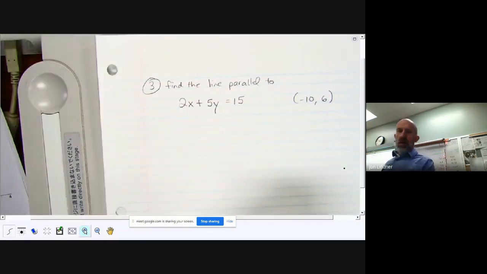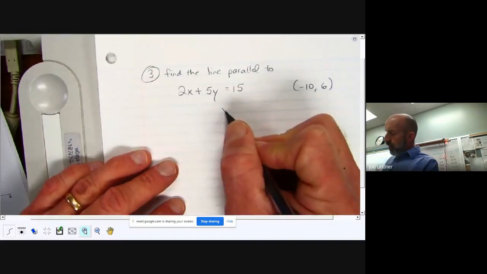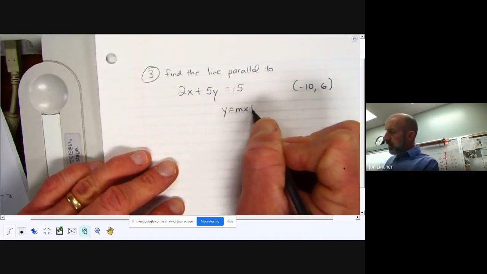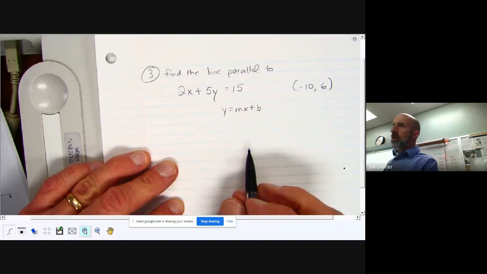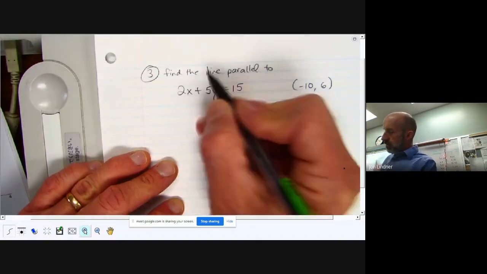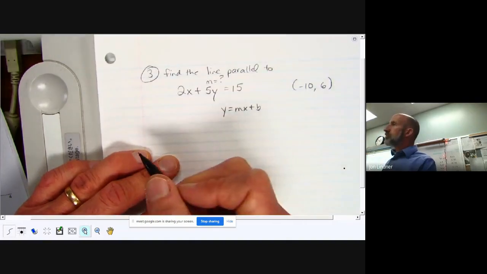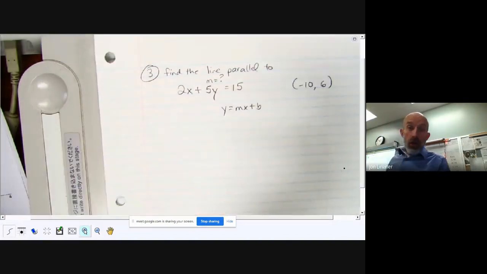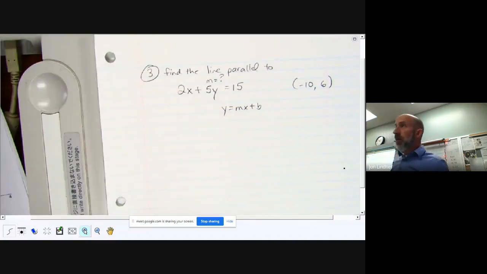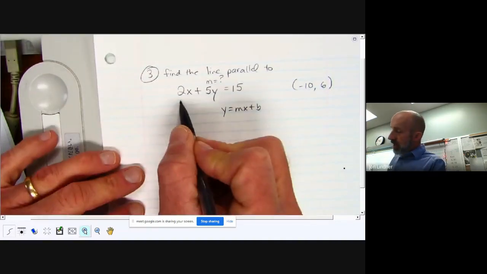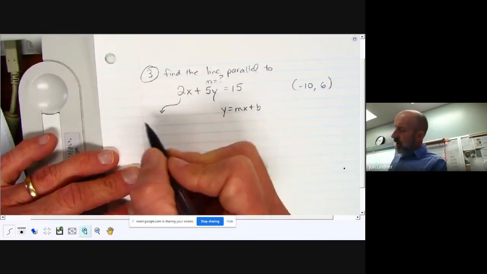Well, I told you that we're going to use our old friend y equals mx plus b, but I don't know the slope of this line yet. Do I? I don't know the slope because it's not in slope-intercept form. So I need to come over to the side someplace.